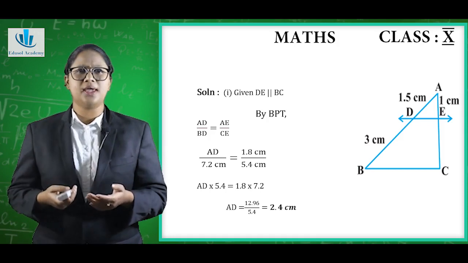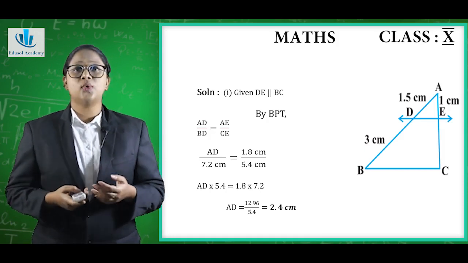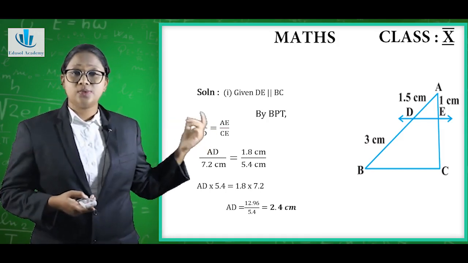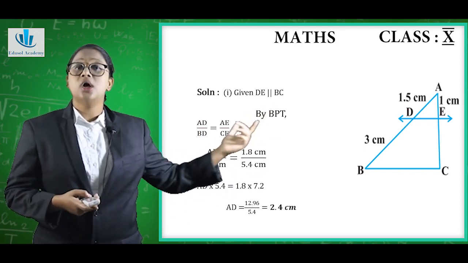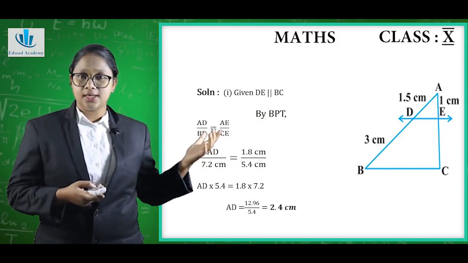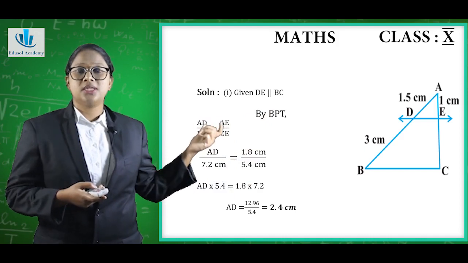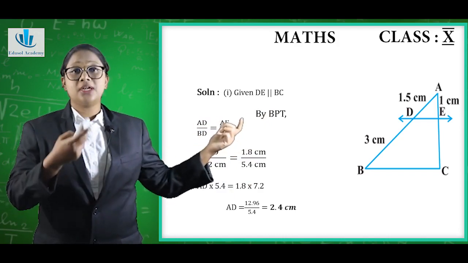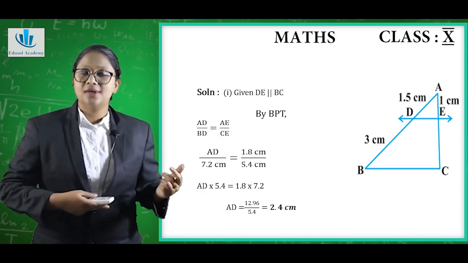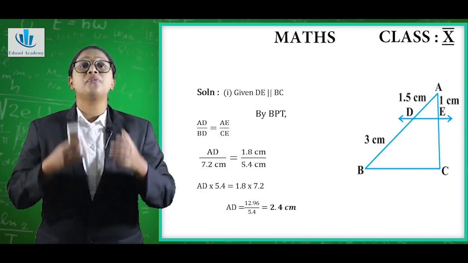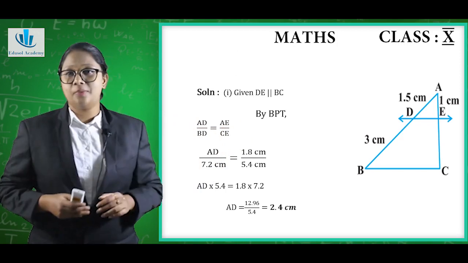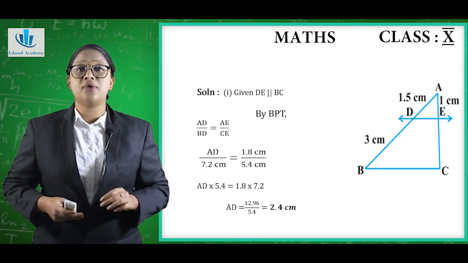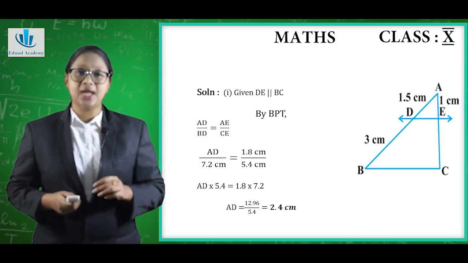We have to multiply and divide again. So again 5.4 has to be transposed to the other side so as to isolate AD here. When into 5.4 is being transposed to the other side, multiplication will become division. So the equation will be 1.8 into 7.2 divided by 5.4 will be equal to AD.